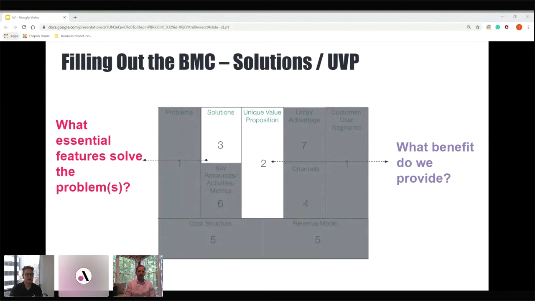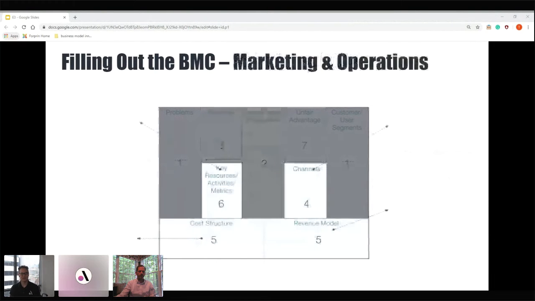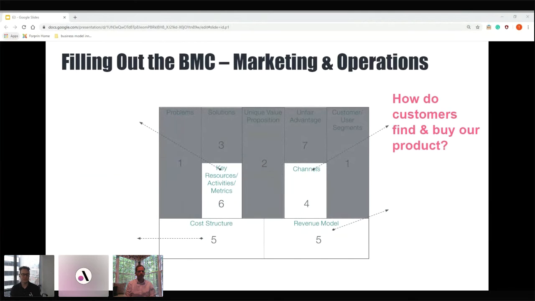Now we're going to move on to what we call the marketing operation components of the canvas. We'll first discuss channels. Channels are basically, how do customers find and buy your product? It's marketing. Consider your sales and acquisition funnel.